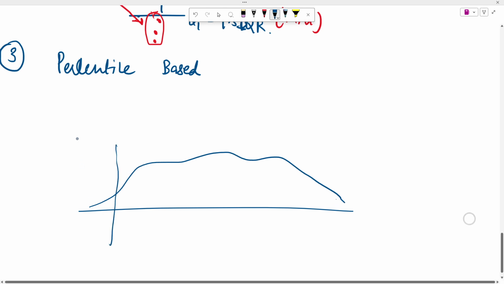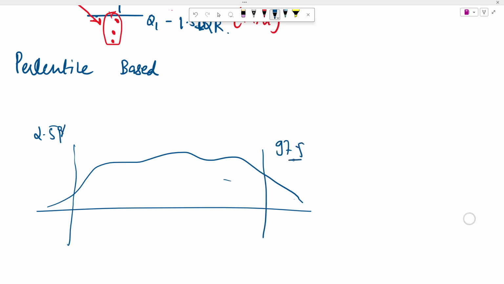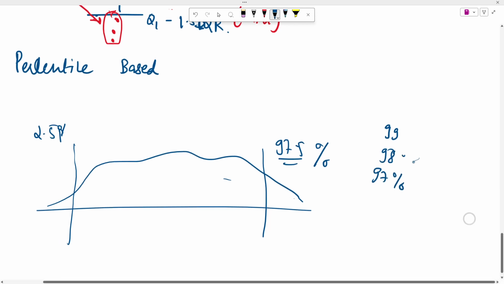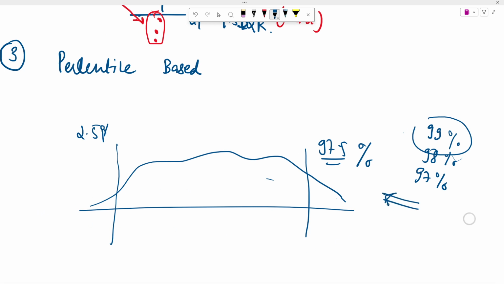We find the 2.5 percentile, right, and the 97.5 percentile, or basically we decide the threshold, whatever we want. We can say 99 percentile, or 98 percentile, 97 percentile. We can decide based on our business case, and say any value above the 99 percentile is an outlier for us, or below the 1 percentile is an outlier for us, right? So this is an important technique which is used.